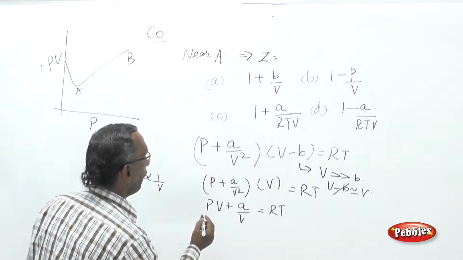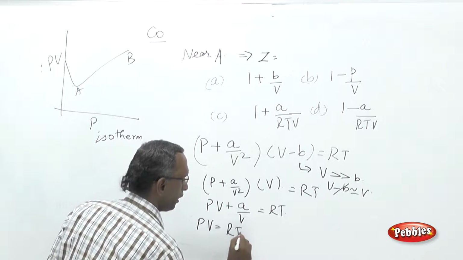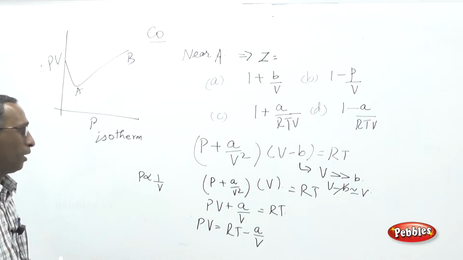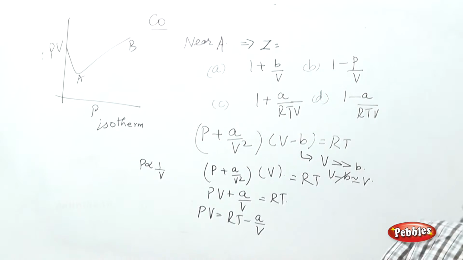So you can simplify: PV equals RT minus a by V, since plus a by V on the opposite side becomes minus a by V. Now fully divide by RT.